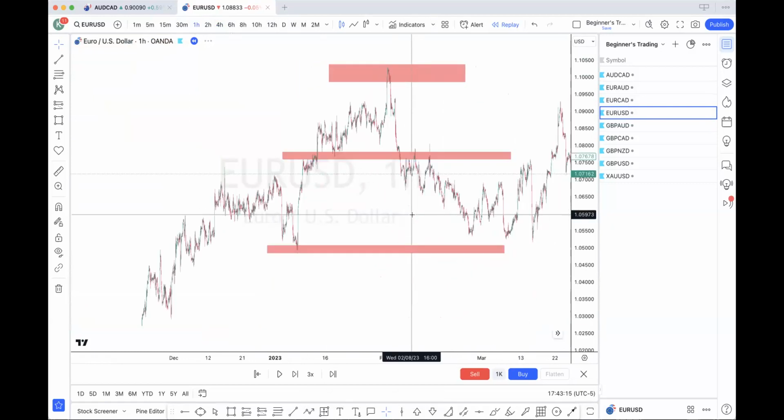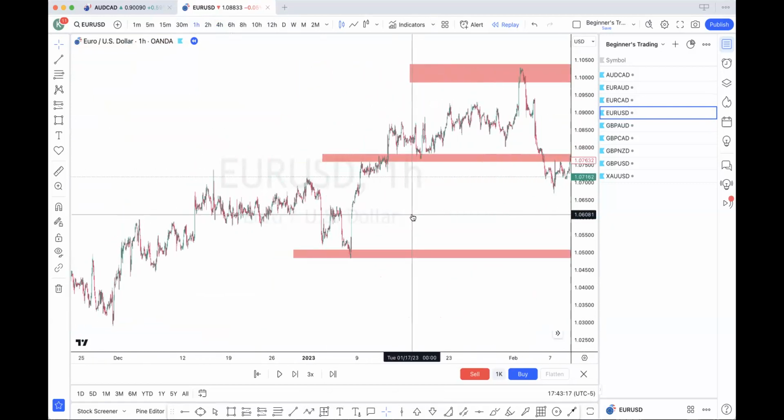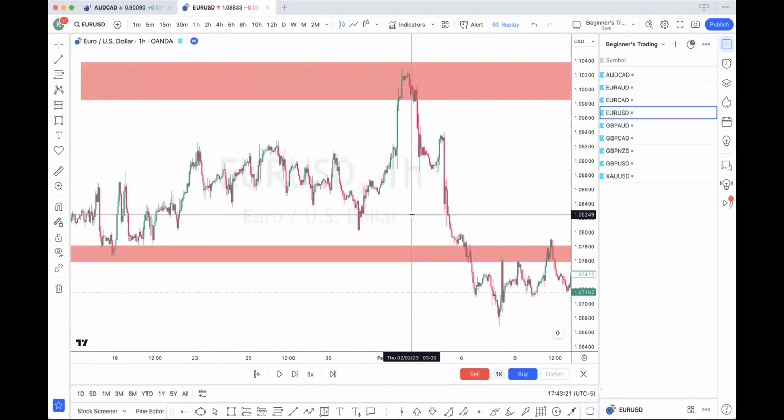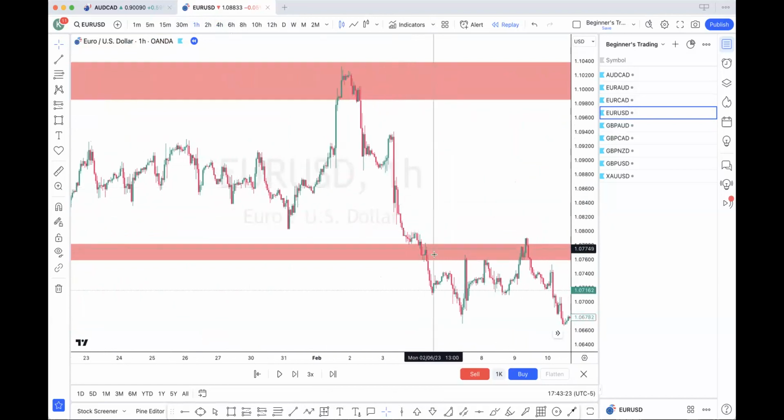Okay, here we go. So price is here. It gave a bearish order block. And then price came back in your zone. And I'm just going to draw.